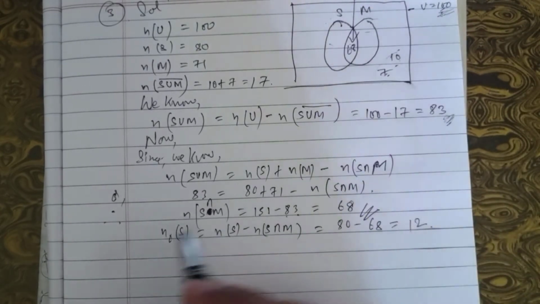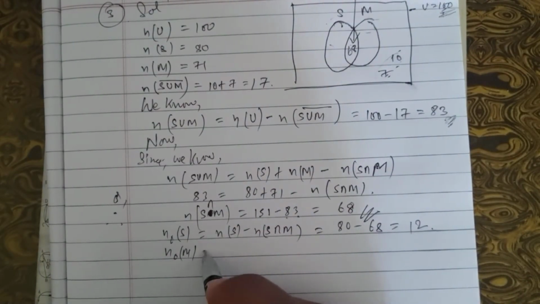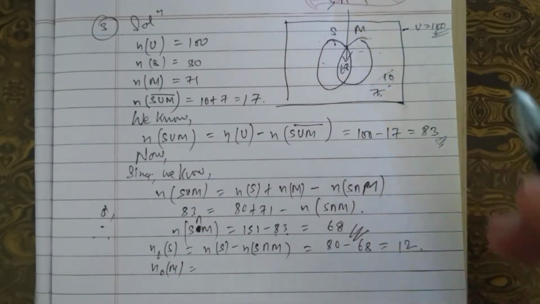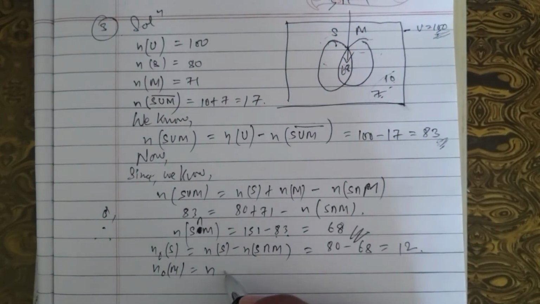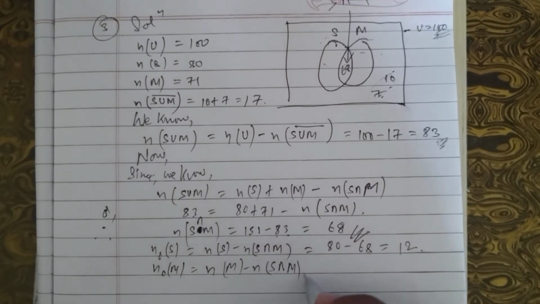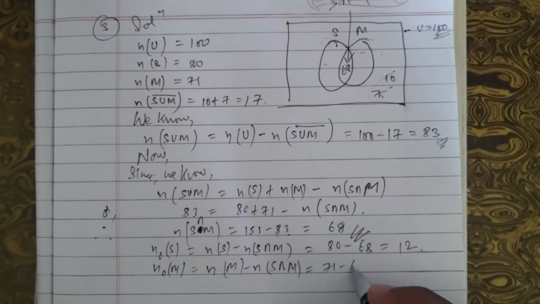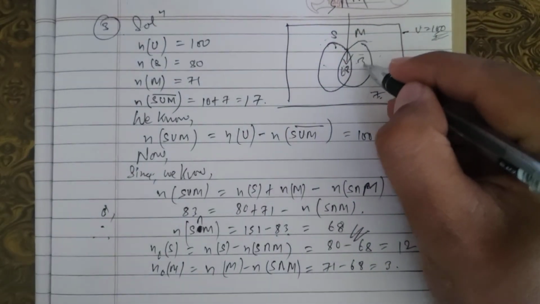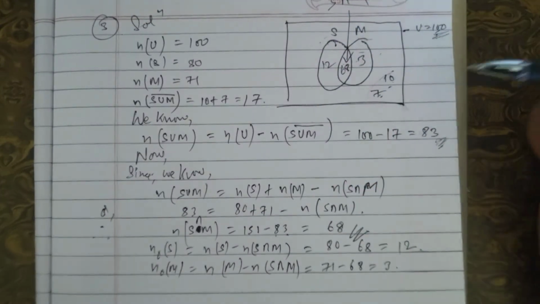It will be 12. So same thing for math as well, because we need these values to put in the Venn diagram. That's why we are finding it out, otherwise we did not need it, right? 71 minus 68 will give us 3, and 12, right?